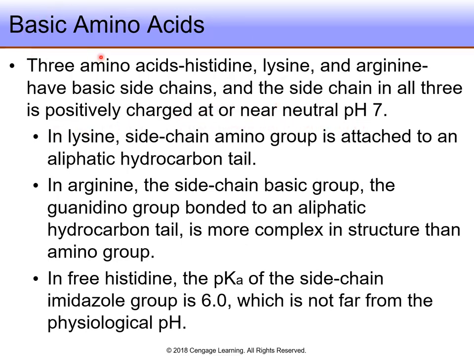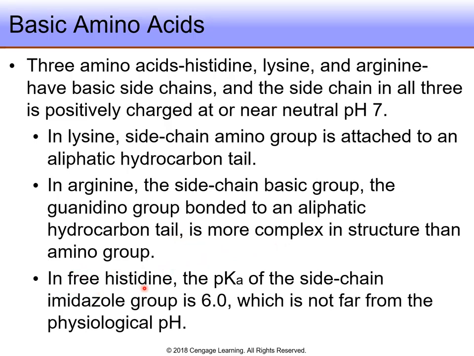That's why they are referred to as basic, because they have positively charged R groups at or near neutral pH. Now in lysine, the side chain amino group is attached to an aliphatic hydrocarbon tail, as we will see. In arginine, the side chain basic group, called the guanidino group, bonded to an aliphatic hydrocarbon tail, is more complex in structure than the amino group.